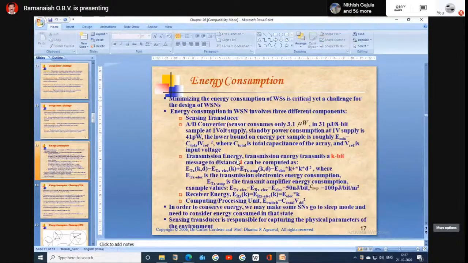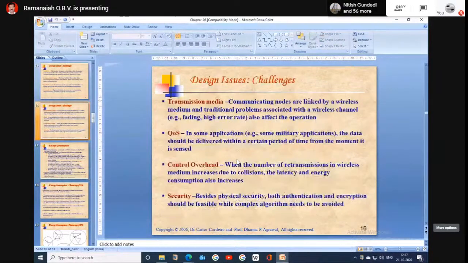Then the transmission media. I have already said the medium we are using is the wireless medium, and it comes with a given set of problems. Wireless transmission is exposed, and because it is unguided media, there is a lot of potential for problems.